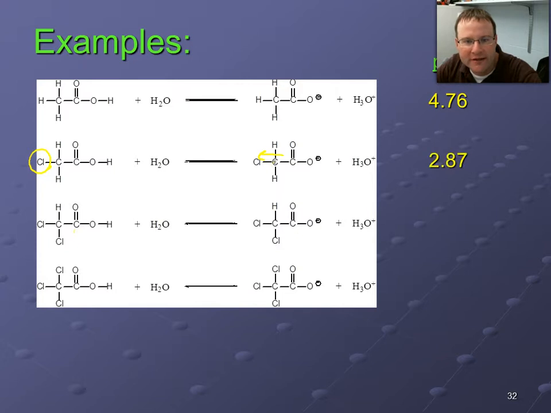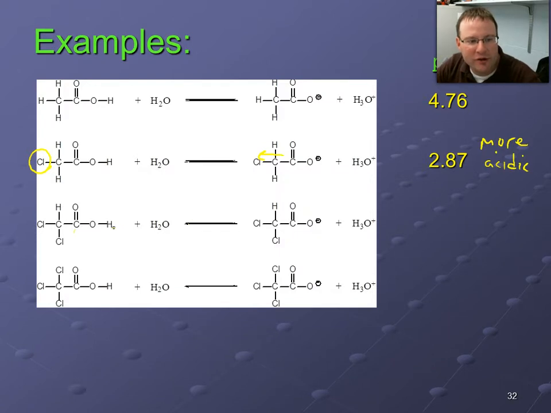And when you do that, that's going to allow more delocalization of the charge across the entire molecule, which is going to cause the pKa to become lower, down to 2.87, which again means that it's more acidic than the parent compound. And we can continue this process along.